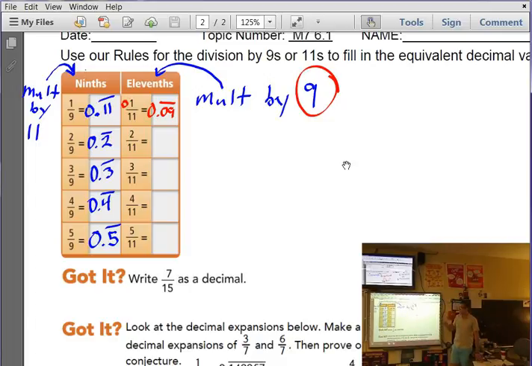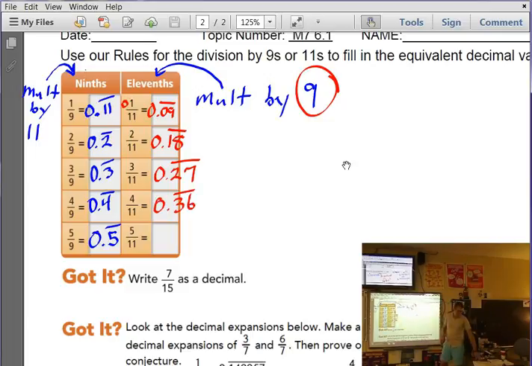So Kylie, you want to try 2/11? Yeah, the 18 repeats. CJ, what about 3/11? Yeah, 0.27 repeating. 4/11, Justin? Yeah, 36 repeating.